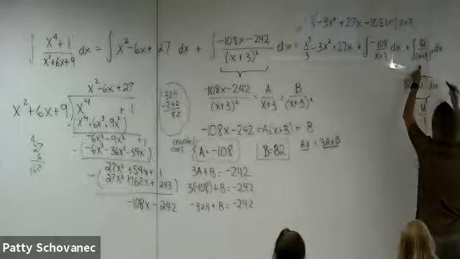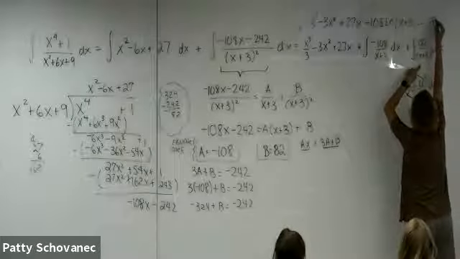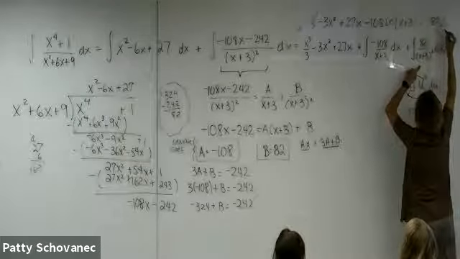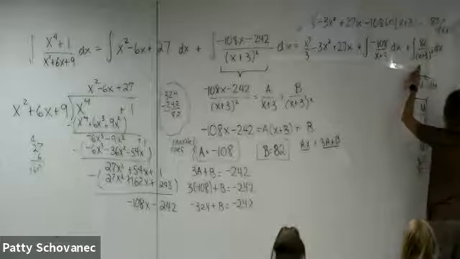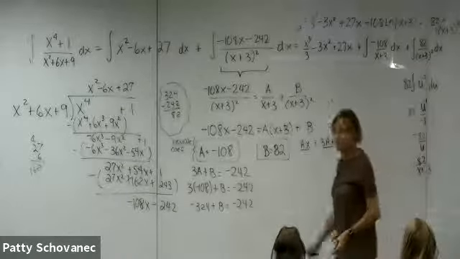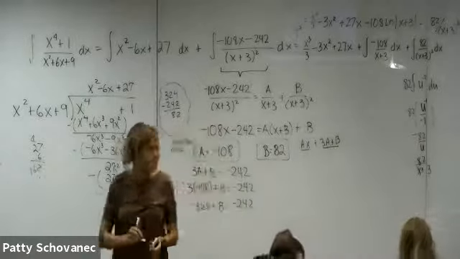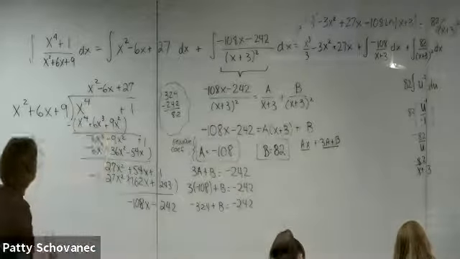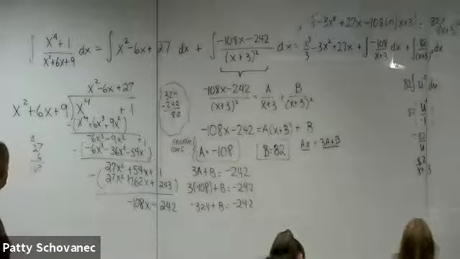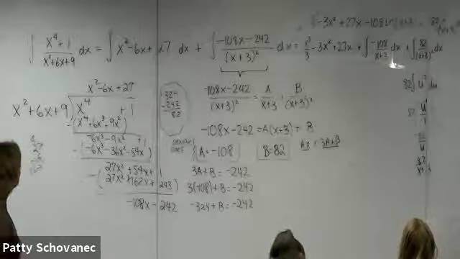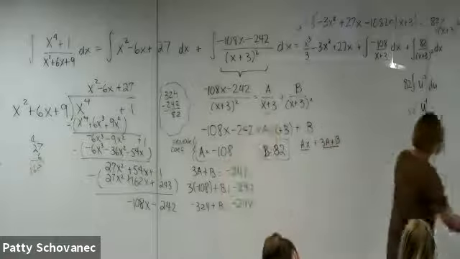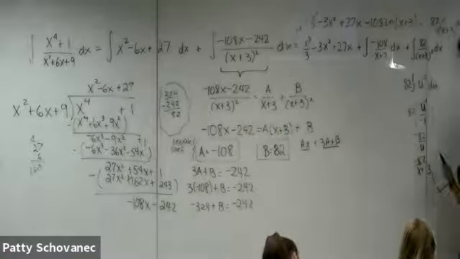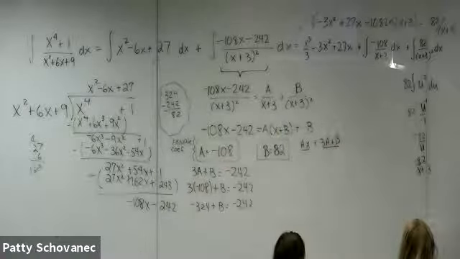Then we said this was minus 82 over x plus 3 squared. It's not squared. Not squared, it's just itself. x plus 3. Yep, yeah, we got it. Thank you.